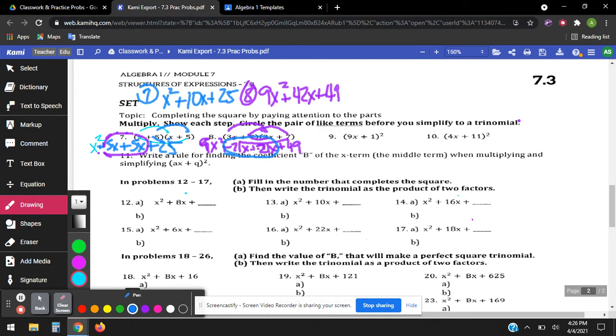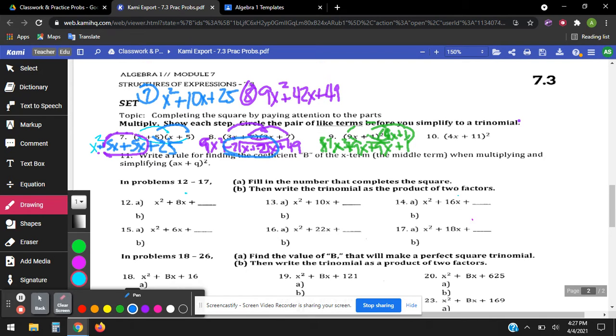Okay, so for 9, we'll go to green. So I'm actually going to go ahead and write this next to it so I can see them multiplied. So 9 times 9 is 81x squared. 9x times 1 is plus 9x. 1 times 9x is plus 9x. 1 times 1 is 1.